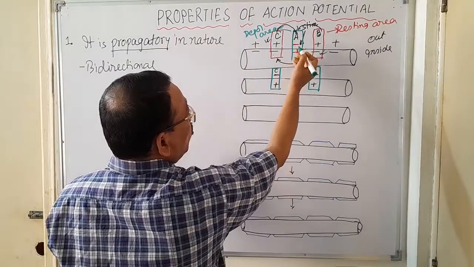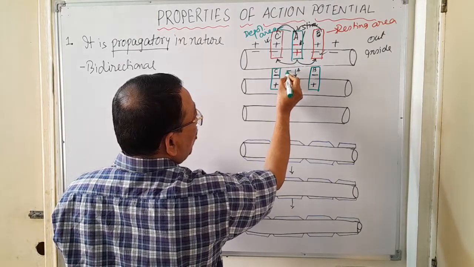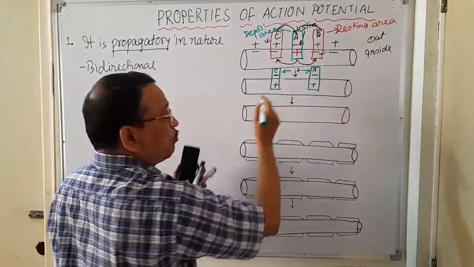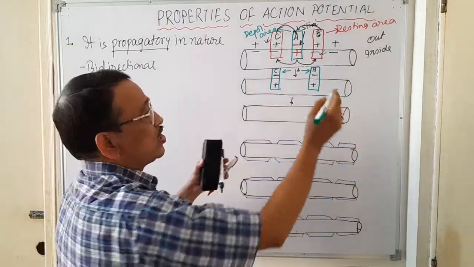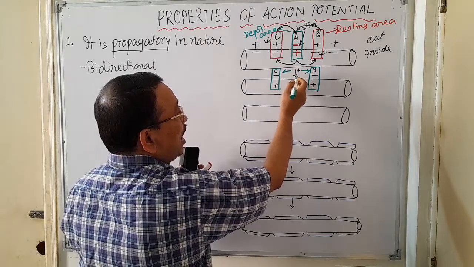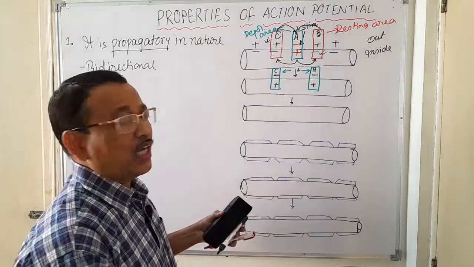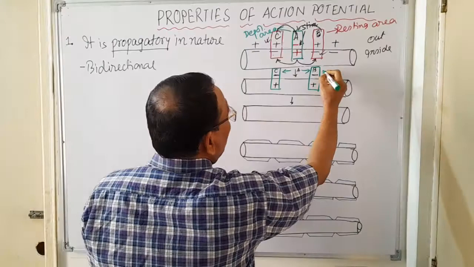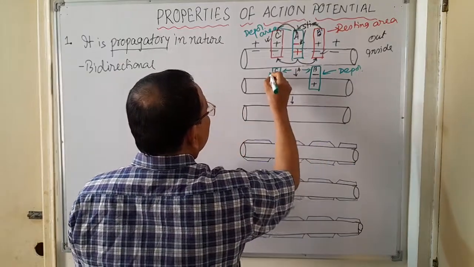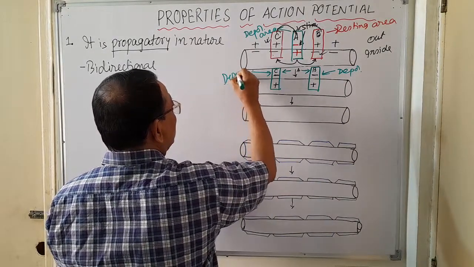That means the depolarization wave is passed from A to B, and from A to C. So there is bidirectional propagation of the depolarization from point A to C and point A to B. Bidirectionally it is getting propagated. So now this area will be depolarized. This is the depolarized area.